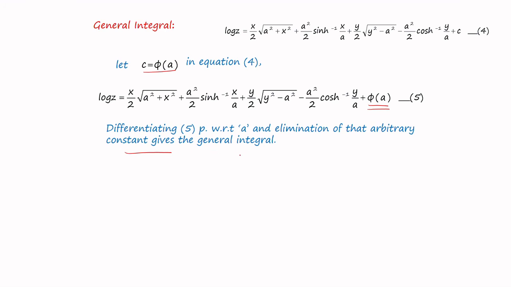For all the problems this is the case, because we are only substituting c is equal to phi of a, we are only taking this function. A constant is equal to some function of some other constant we are taking, so we don't know the value of this function.